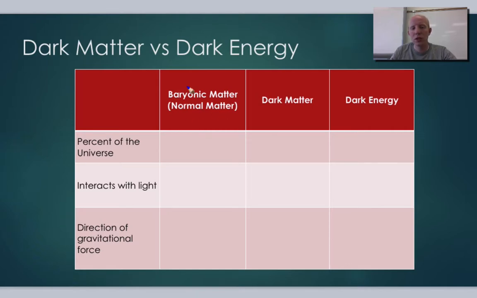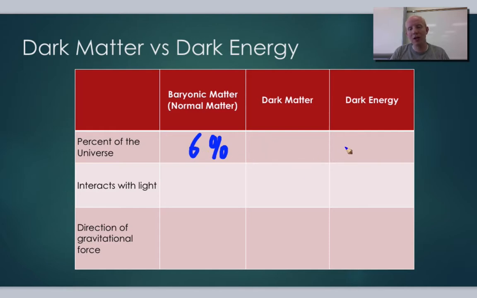Okay, so let's start by talking about baryonic matter, which is what we would call just matter, normal matter. Baryonic matter only makes up about 6% of the universe. So not a whole lot. Even all the stars, all the planets, everything on Earth, all of that together only makes about 6% of the universe.